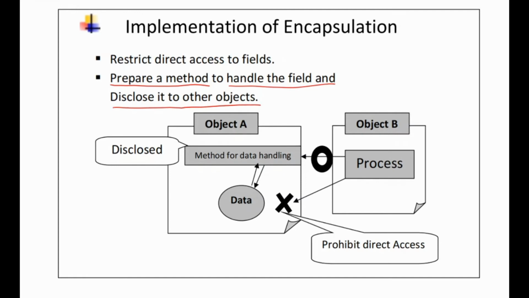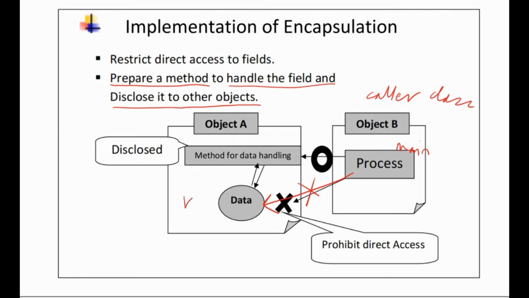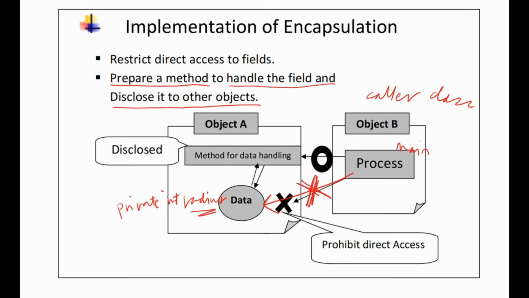So since the caller class using circle, and say this is the main method of the caller class using circle, can no longer have direct access to the data, which in our example is the private field radius. Okay, direct access is not possible. And so, to solve that problem, we're going to prepare a method, which is this one, which will be the one to handle this data.